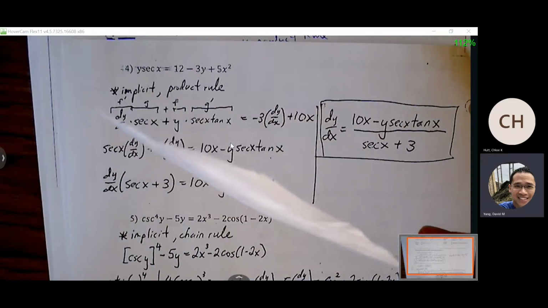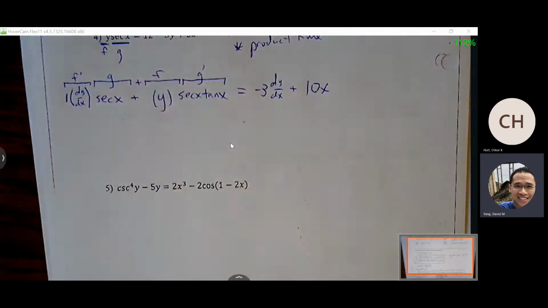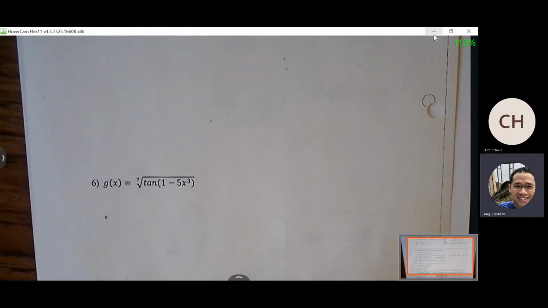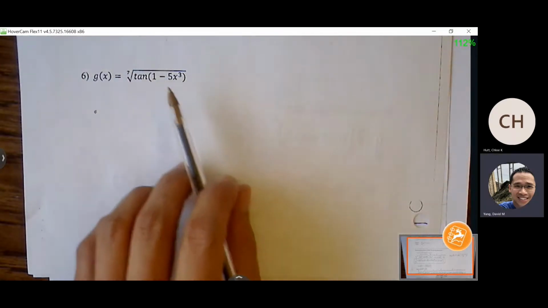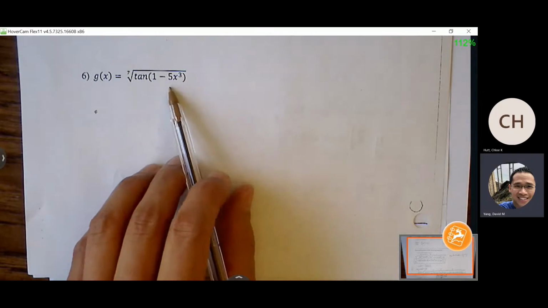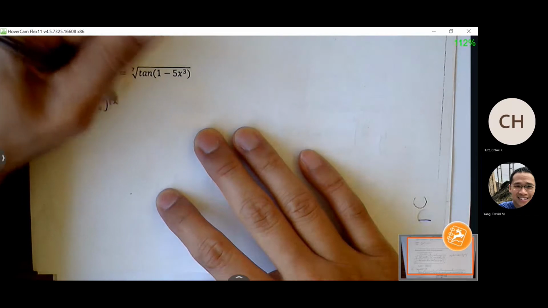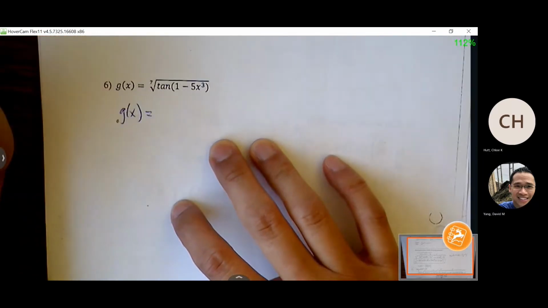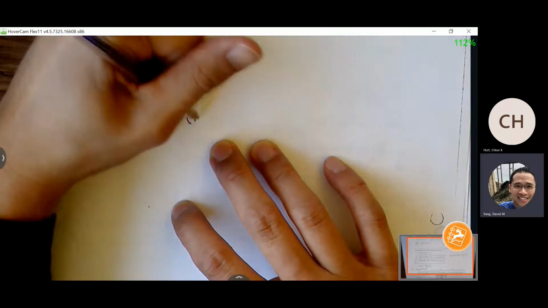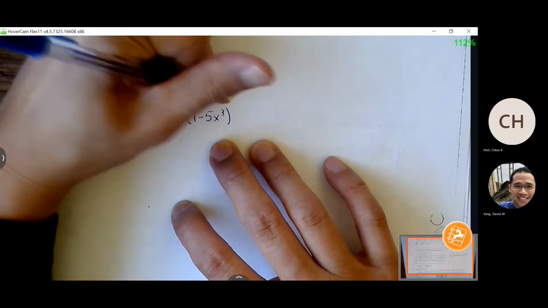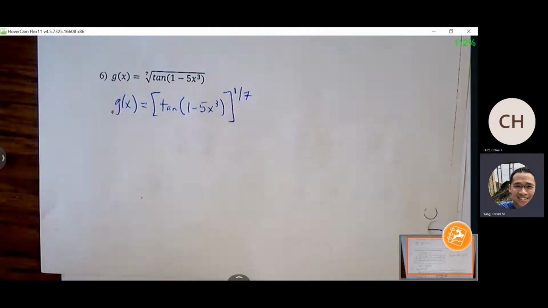Okay. Number 5. Yeah, let's skip number 5. Let's go to number 6. What do you see for number 6? Chain rule, right? So how would you rewrite this? Okay.